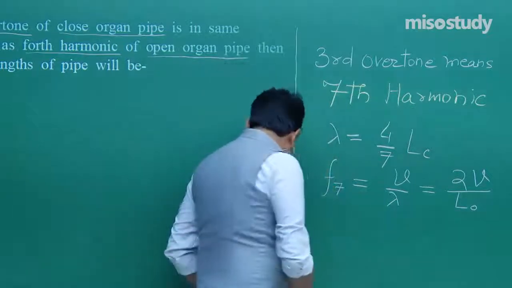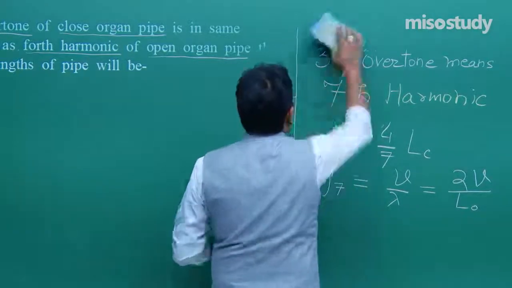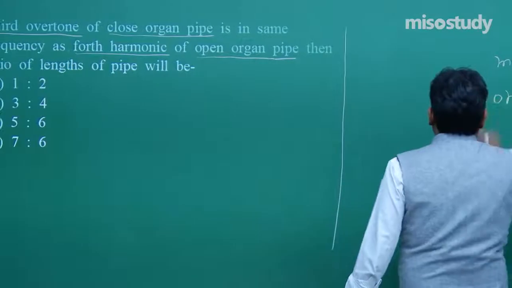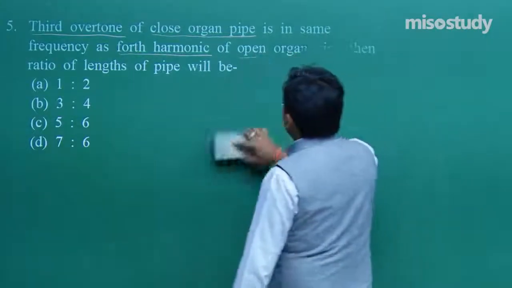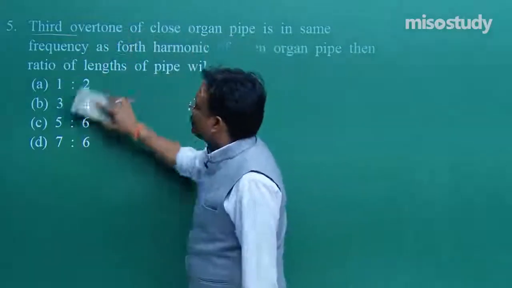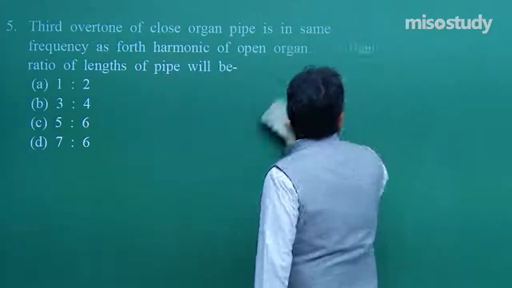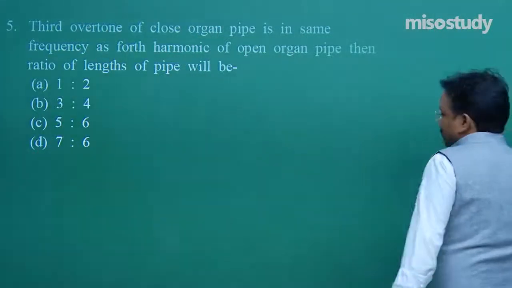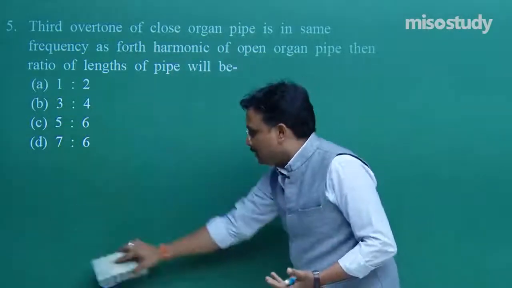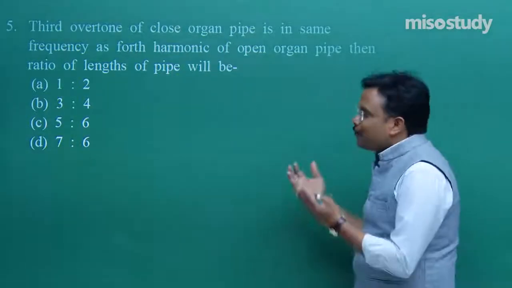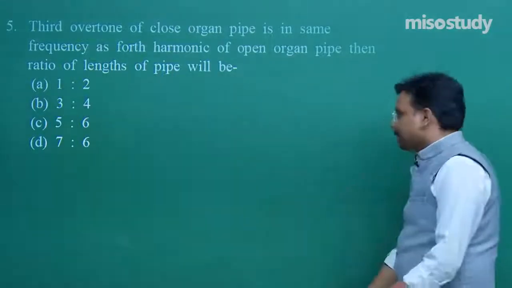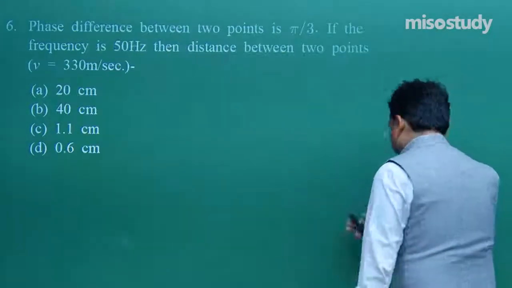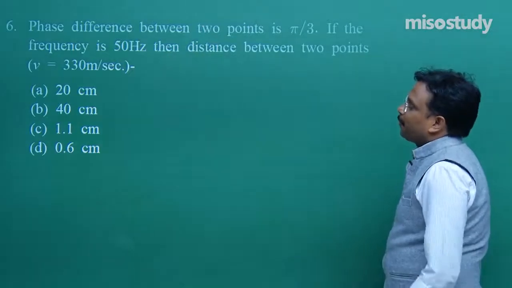Fine. And obviously I hope up to some extent you will get clarity of at least few concepts from these type of questions. Fine. So here comes this next question.